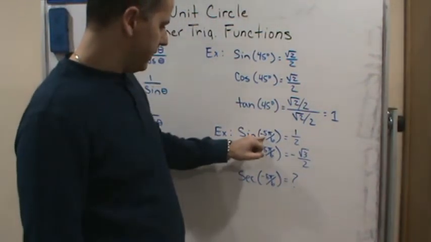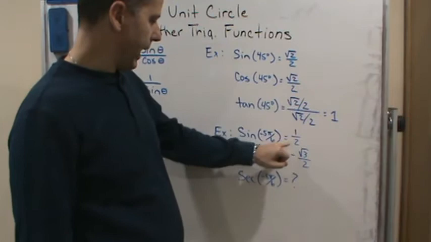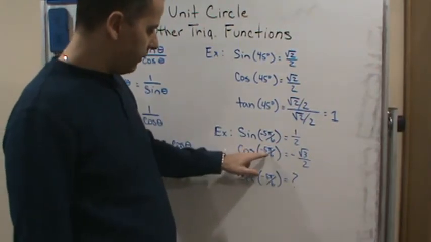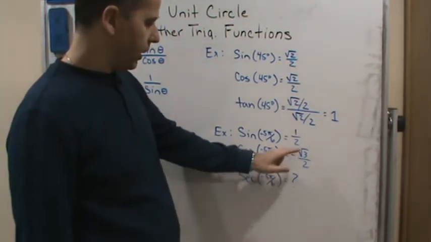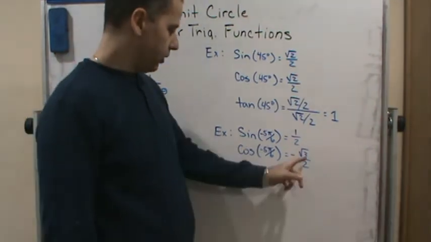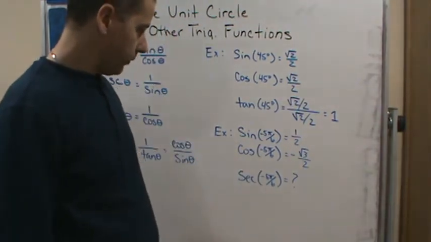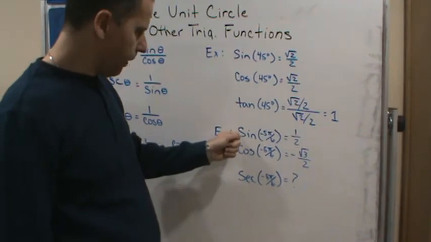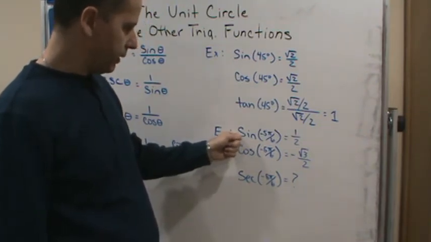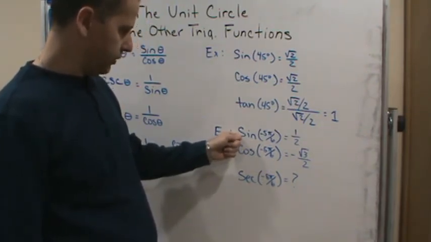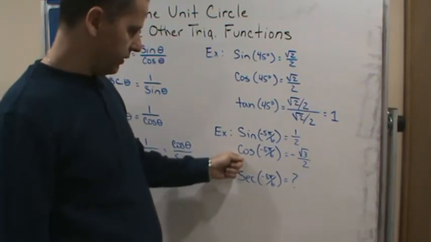So sine of negative 5 pi over 6 is 1/2. Cosine of negative 5 pi over 6 is negative square root of 3 over 2. Remember, sine is opposite over hypotenuse, and cosine is adjacent over hypotenuse.